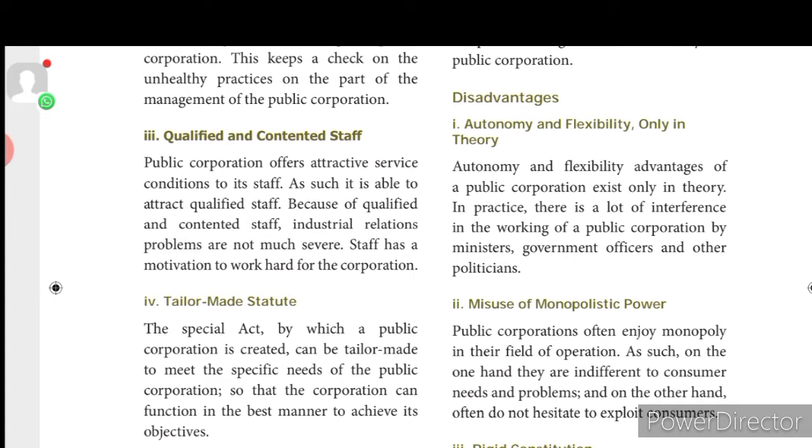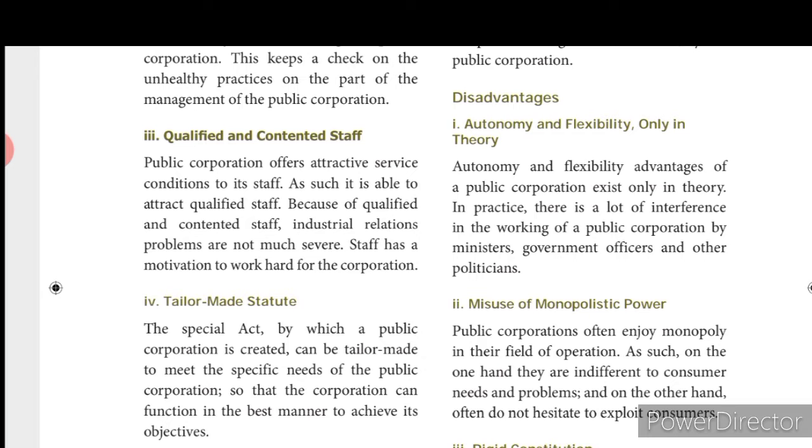The public corporation offers attractive service conditions to its staff. As such, it is able to attract qualified staff. Because of qualified and contented staff, industrial relations problems are not very severe here, and the staff has a motivation to work hard for the corporation.